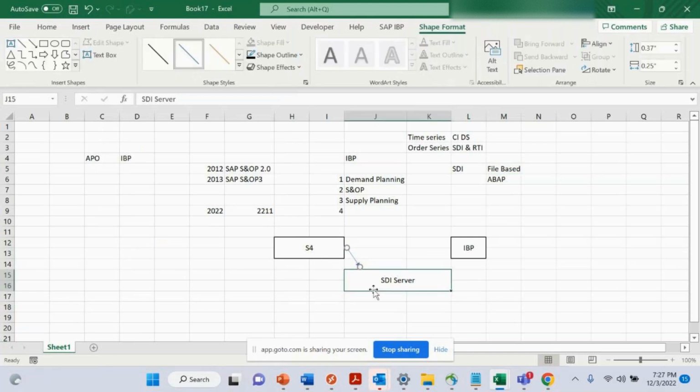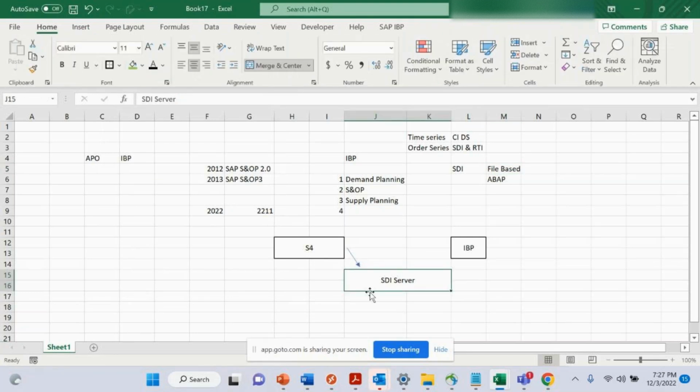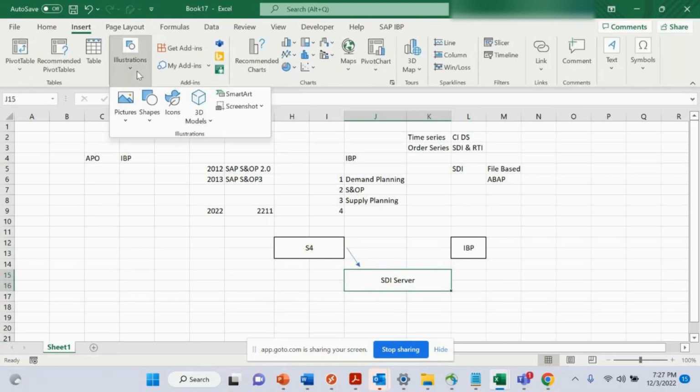And in the SDI server, in a particular path, we will have all the files like product, customer, location as per the master data side. And from the time series based side, we are having sales orders, open orders. And then we get this SDI server file to IBP in terms of the file based adapter.